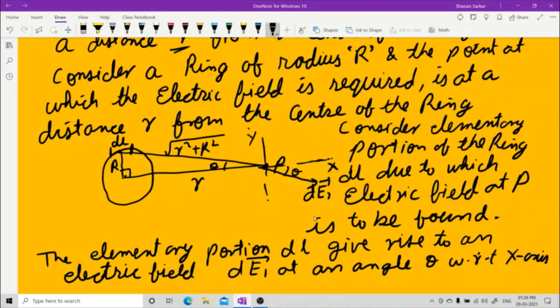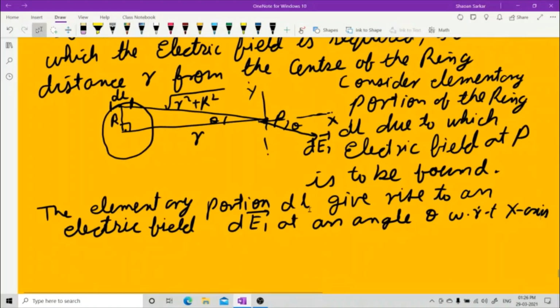Now dE1 will be resolved into two components, one along the x-axis. dE1 has two components: dE1 cos theta i cap, and dE1 sine theta minus j cap, because the positive y-axis is here.